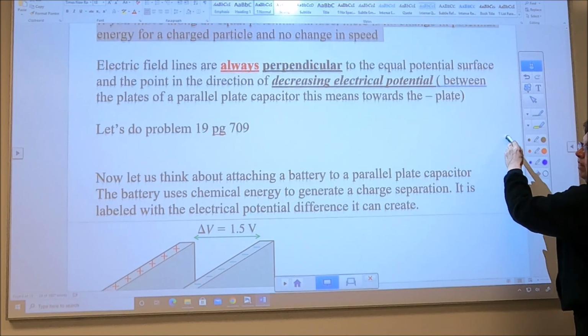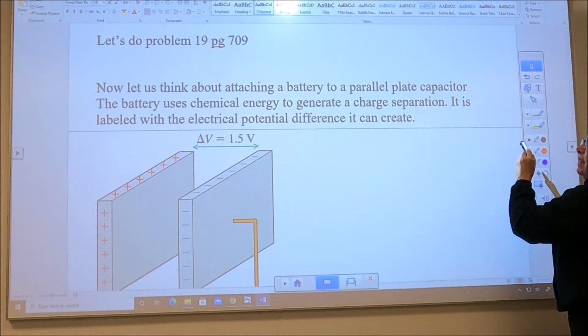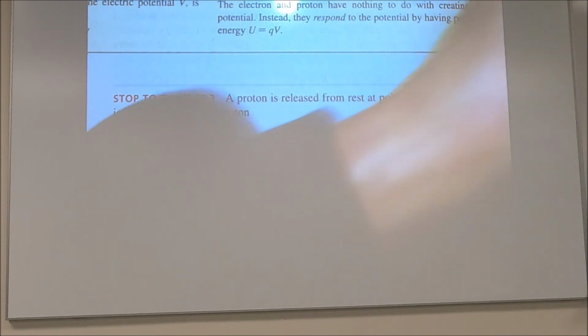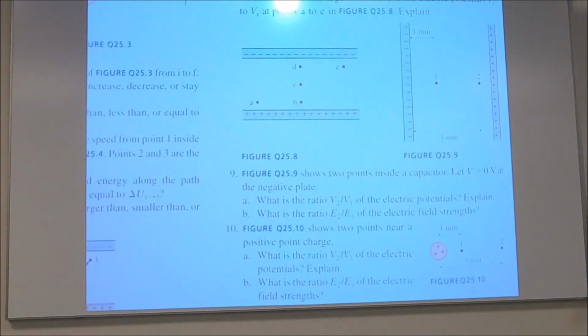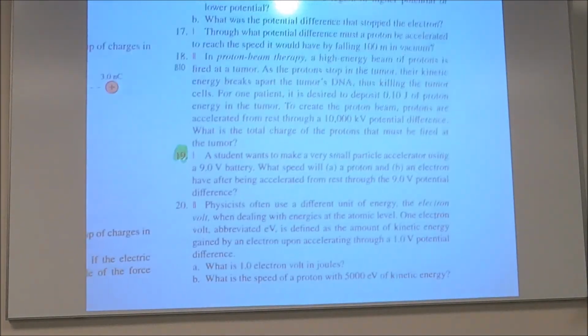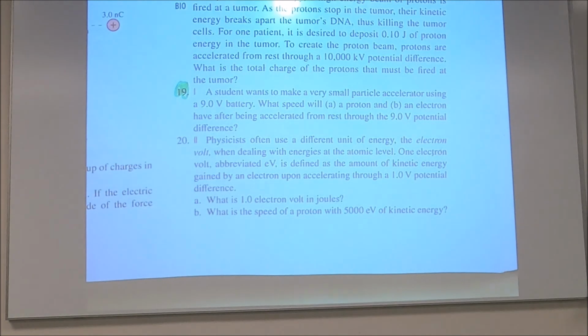Let's look at problem 19 on page 709. Problem 19 says a student wants to make a very small particle accelerator using a 9-volt battery.